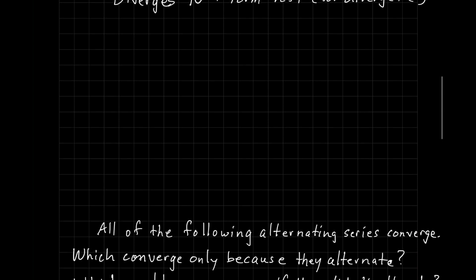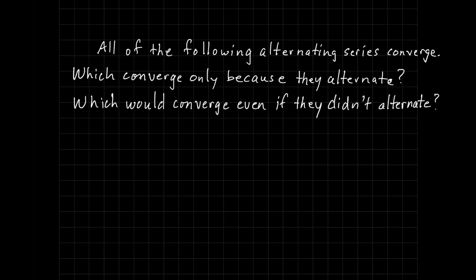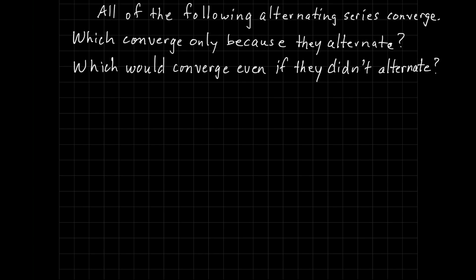Now let's go back to an earlier thought that I proposed that I want to answer right now. So I'm going to write down some series. They're all going to be alternating, and all of them will converge. I want you to ask yourself as we go along, which of the series converge only because they alternate? Which of the series will converge even if they didn't alternate?